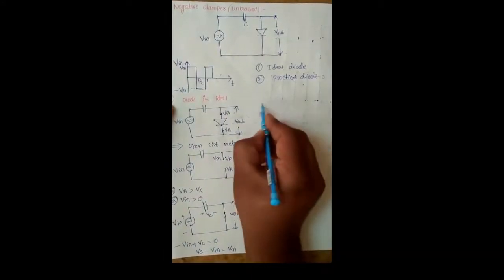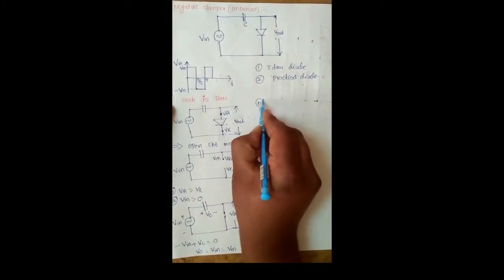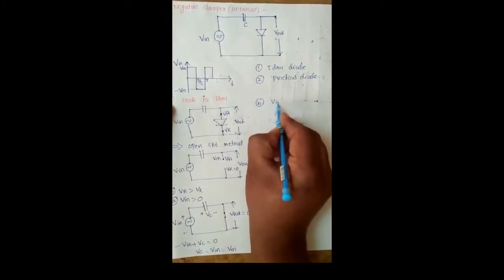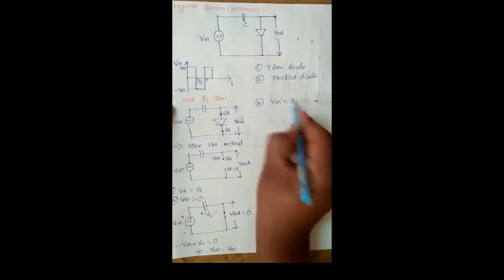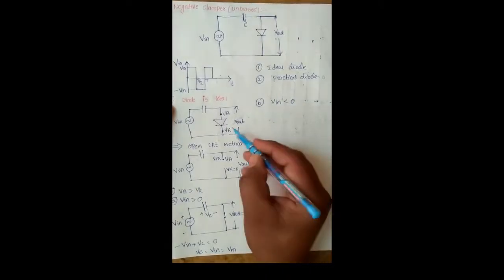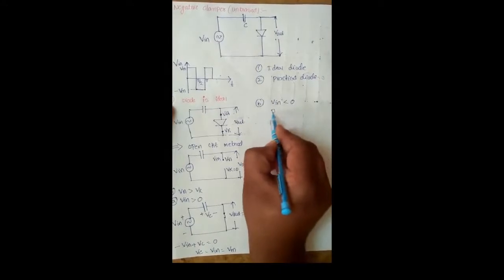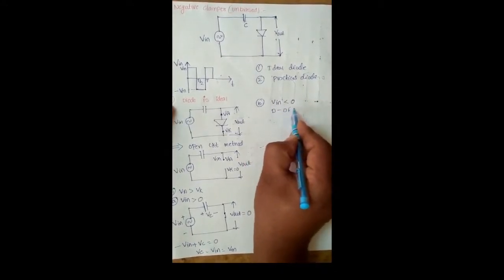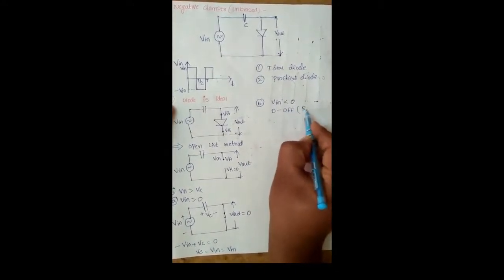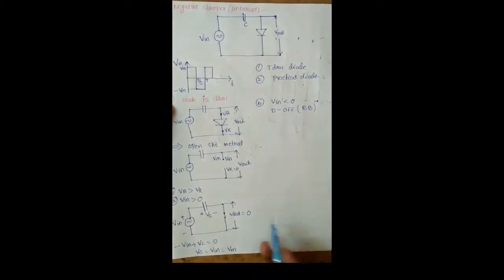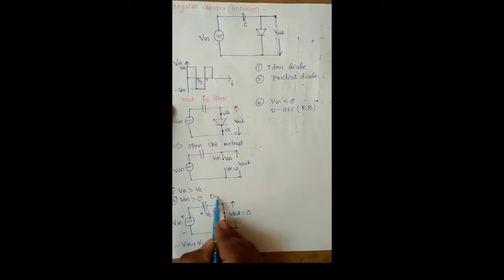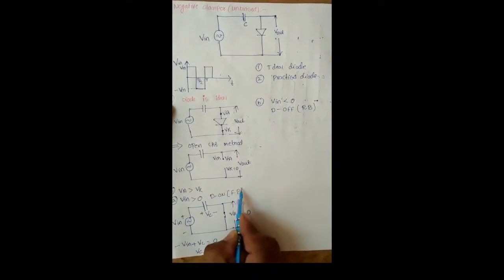And the other condition of the circuit is, for example, the input voltage is less than 0. At that time the diode operates in the reverse bias condition, therefore the diode is off. So when Vin is greater than 0, the diode is on and operates in the forward bias condition.